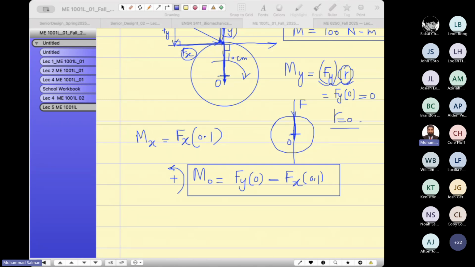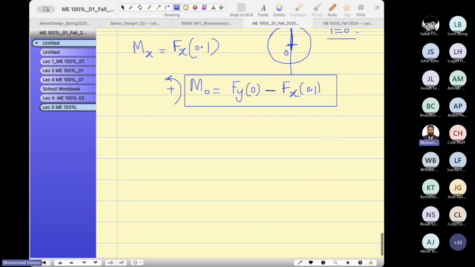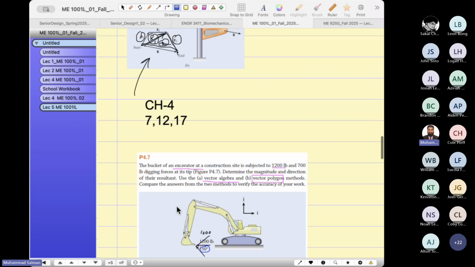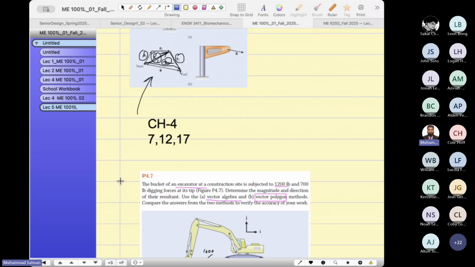I'm happy that you have understood. Let's do one question, question number 12 from our book. I'm going to copy this question.